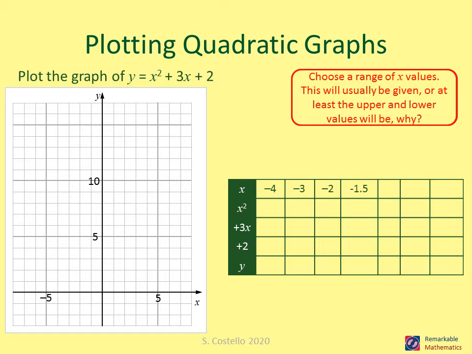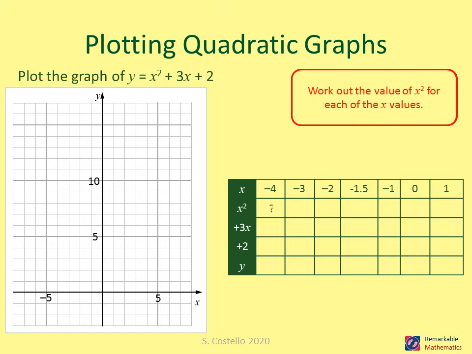So here we have the x values which are given to us, and they range from -4 to 1. Work out the value of x squared for each of these values.